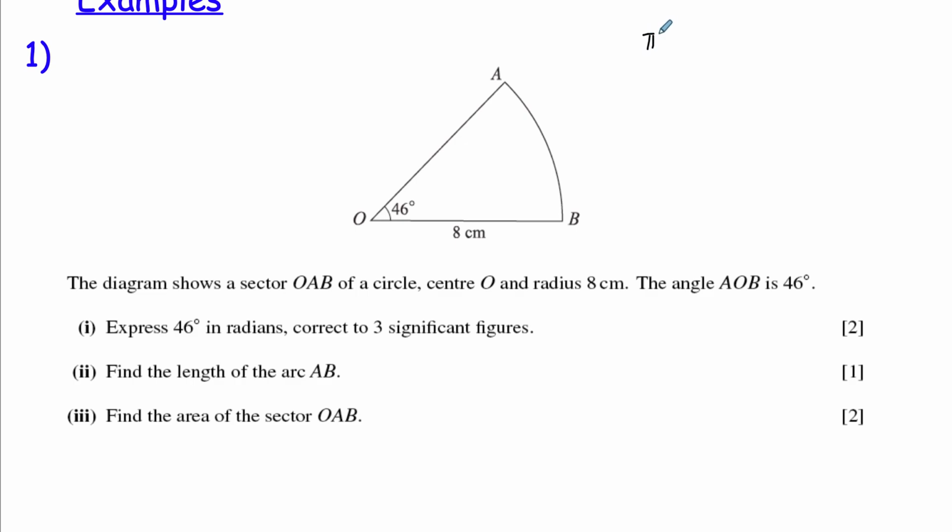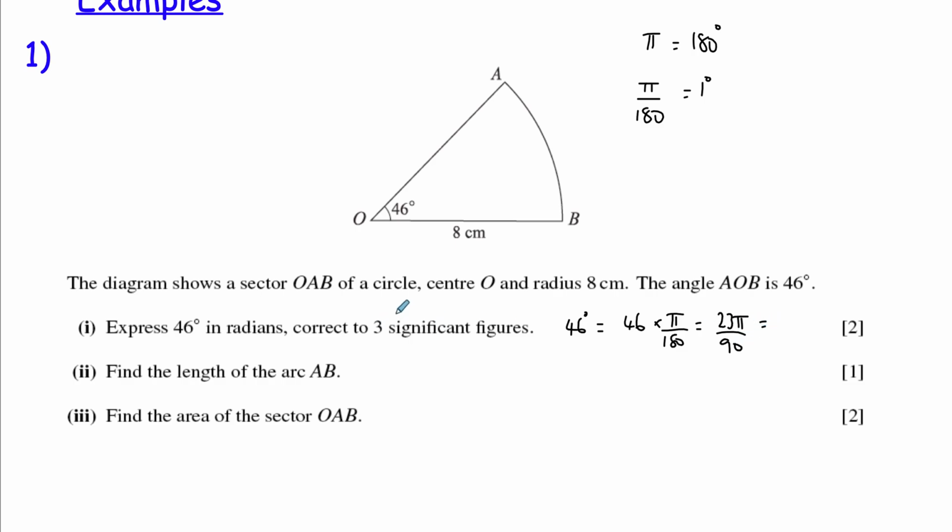We know that pi radians is equal to 180 degrees, so 1 degree is pi over 180. So 46 degrees will be equal to 46 times pi over 180. We could leave that in exact form. That would be 23 pi over 90.